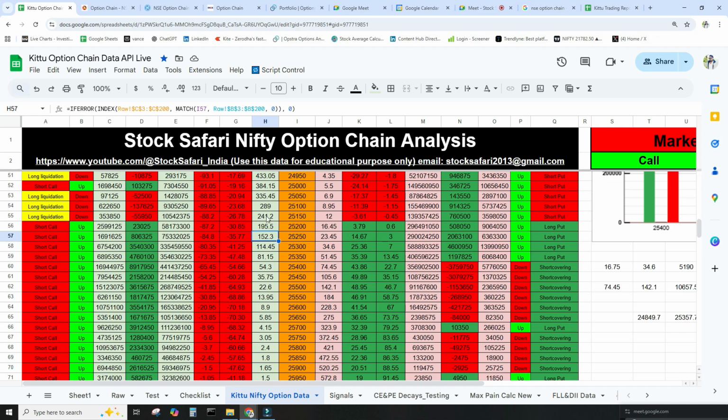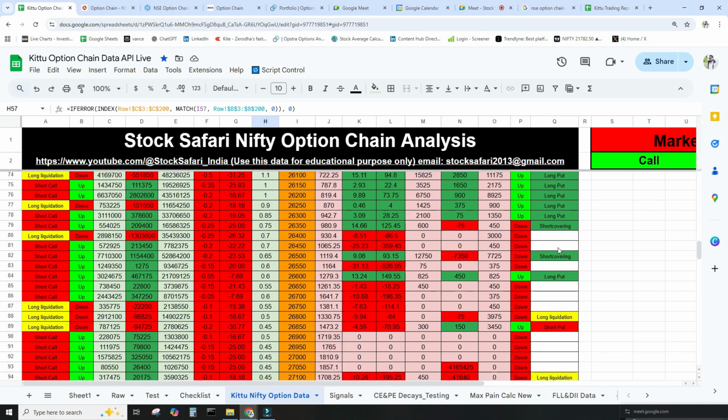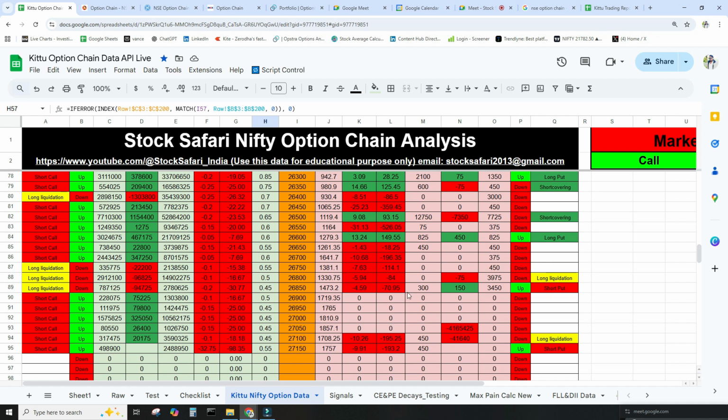They completely come out of this contract because they feel something is scary in this particular contract. Even on the put side we can see such instances. The price is dropping and the open interest is also reducing. So there is no liquidity, no one is ready to sell or buy in this particular contract.